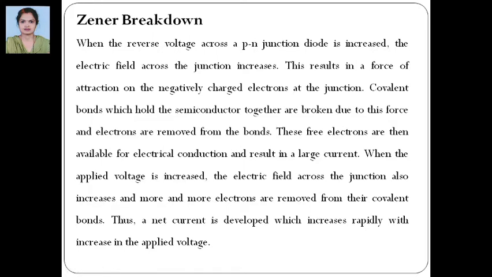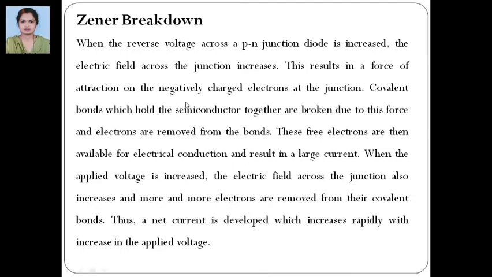For working of this Zener breakdown, we have to apply some external reverse voltage across this PN junction diode. We have to increase this reverse voltage. When we increase this reverse voltage, the electric field across the junction increases, and because of this, a force of attraction acts on the negatively charged electrons at the junction.